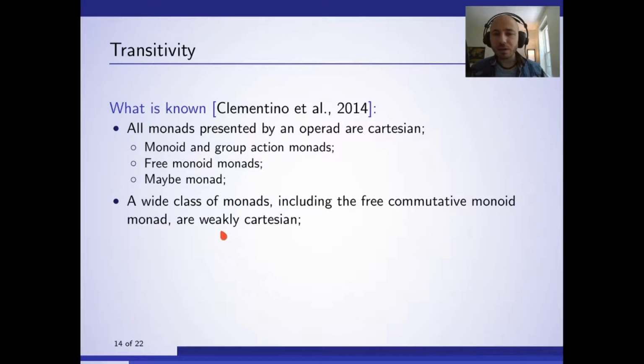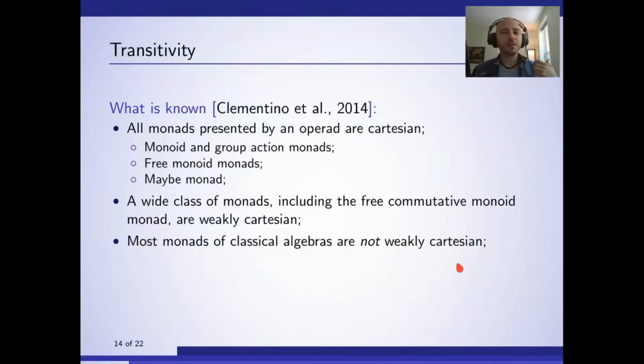Many monads are weakly Cartesian. For example, the free commutative monoid monads. So roughly, if it's finitary and presented by a symmetric operad, then you get weakly Cartesian, and the uniqueness fails because of permutations. The generic monad is not weakly Cartesian. Okay.